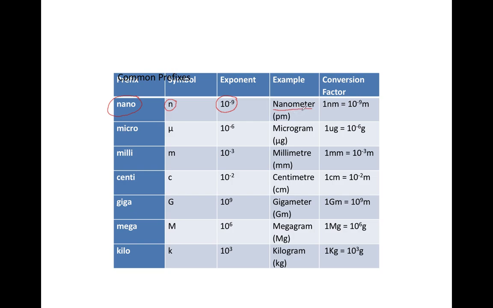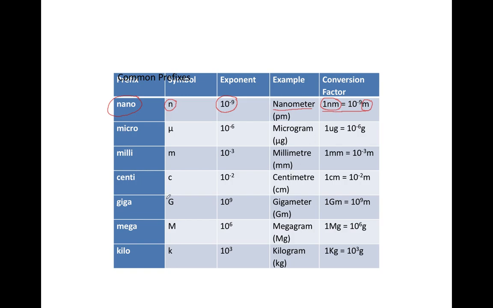So nano goes in front of the base unit. And then we have the conversion factor, the relationship between the prefix and the base unit. So 1 nanometer equals 10 to the -9 meters. This unit would be used for something really small, like the width of an atom.